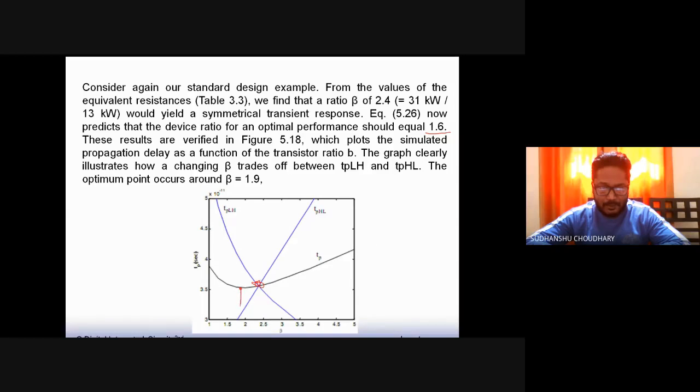These 2 points, as we discussed: if you want delay to be small, you can use beta of 1.9. And if your concern is a symmetrical VTC, with delay also small and the VTC also symmetrical, then in that case you can use beta of 2.4.